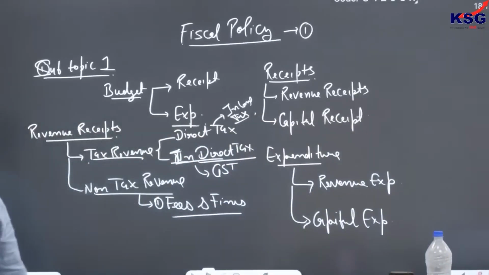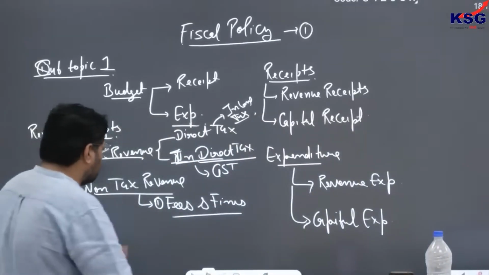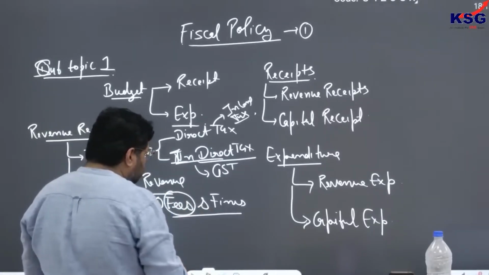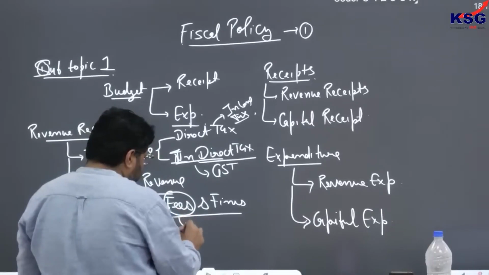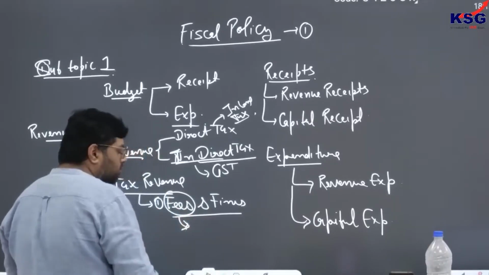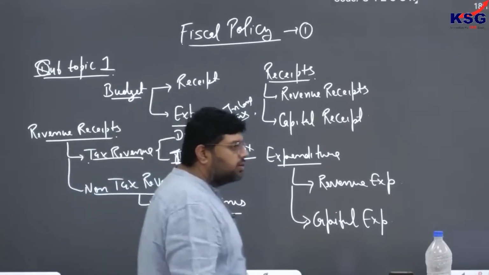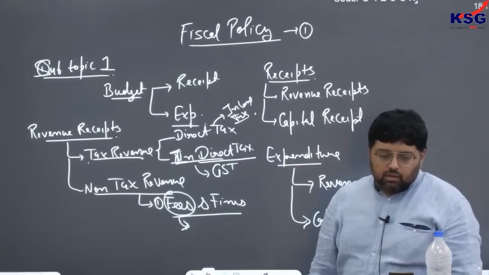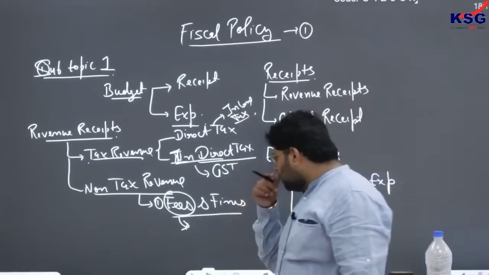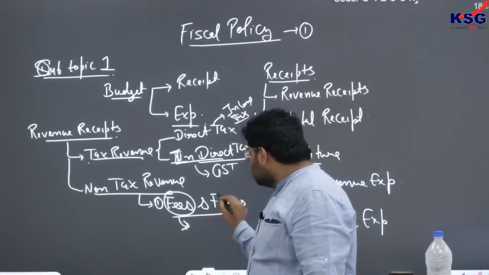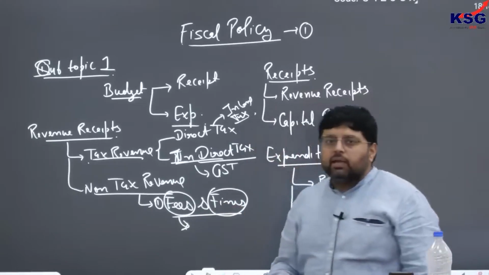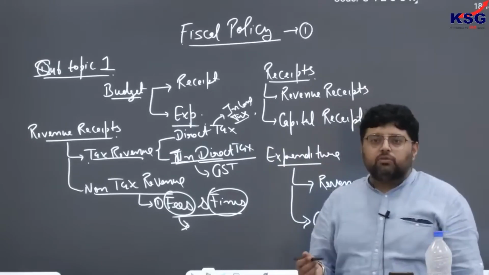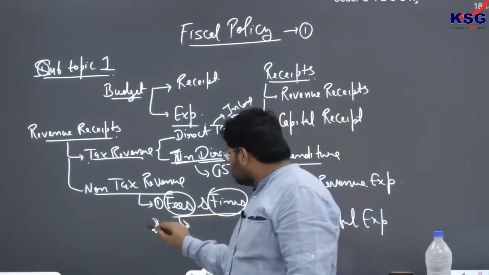Whatever fees you give becomes a part of non-tax revenue. So the 100 rupee fee that you give is a part of non-tax revenue. This is what you have to remember. Similarly, if you break or violate any law, rules or regulations, you have to give fines also.